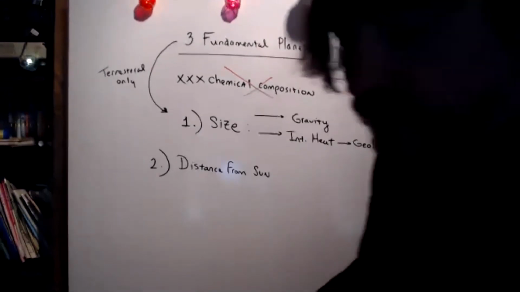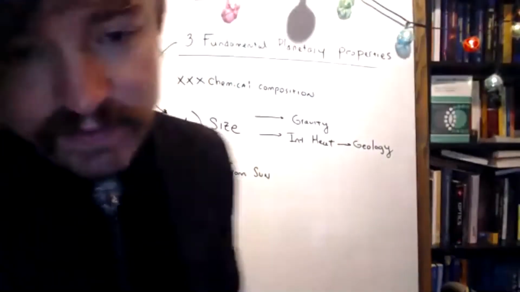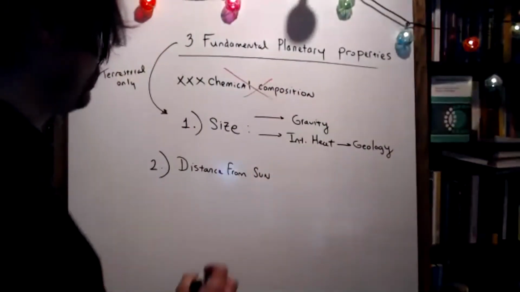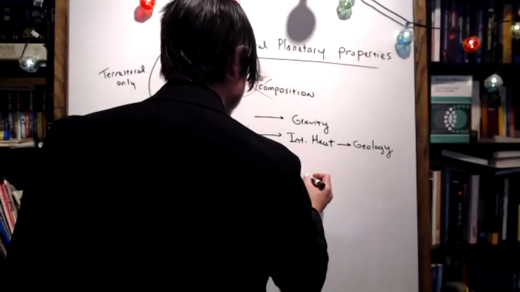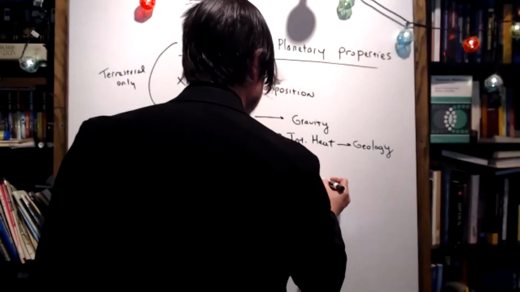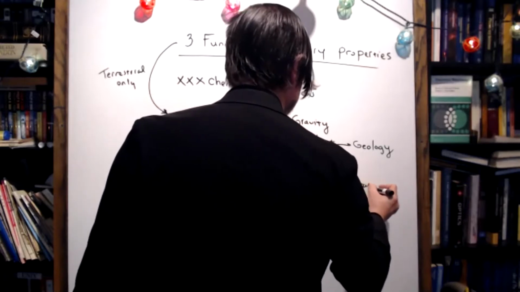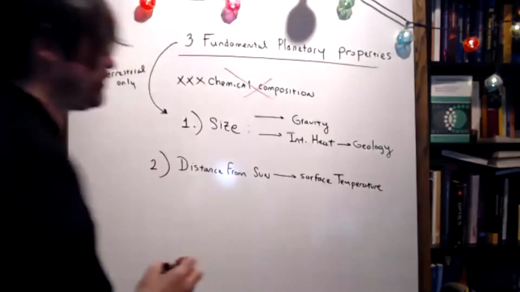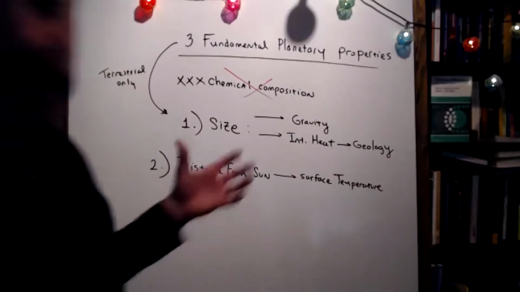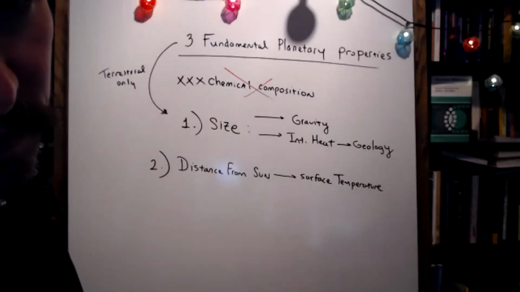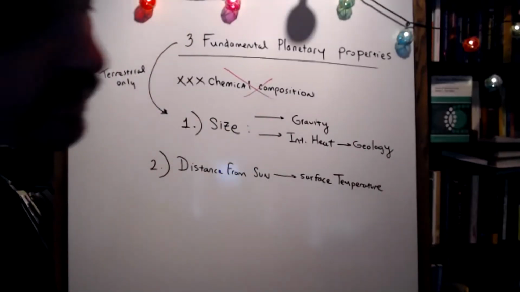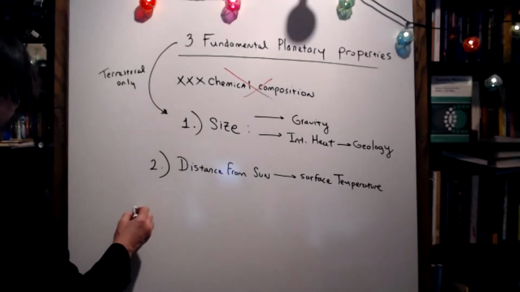Very good, Jake. Jake, you have a career in planetary science waiting for you. The surface temperature of the planet. Which has lots of implications for everything from liquid water to, well, what the planet's made out of if you think about the frost line.